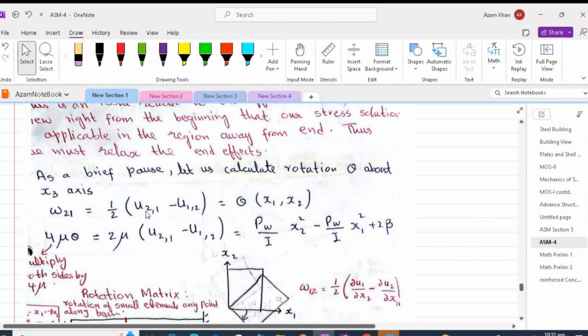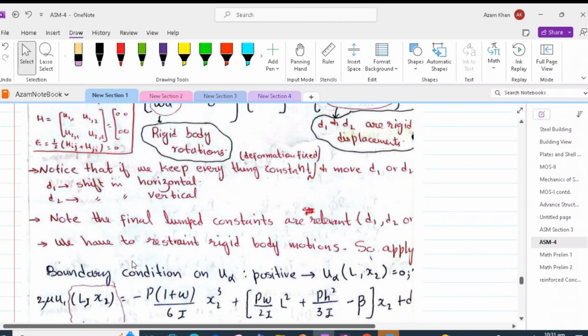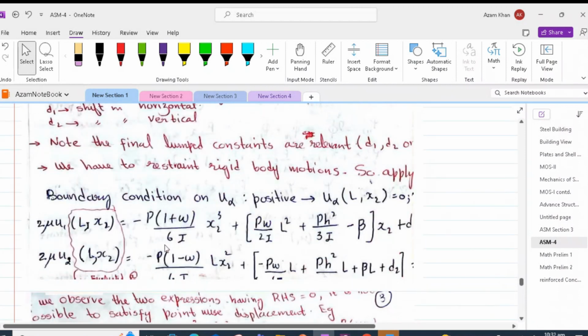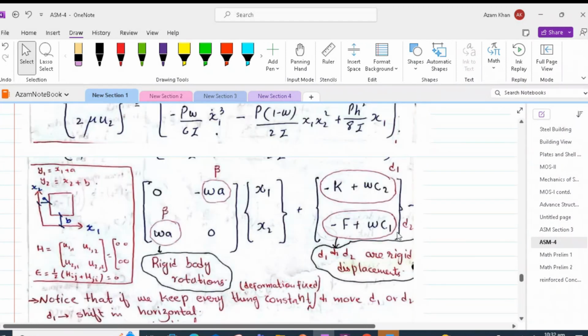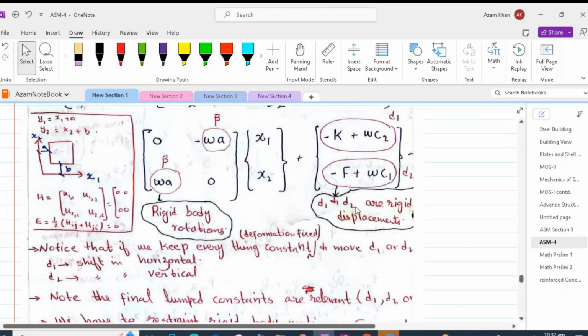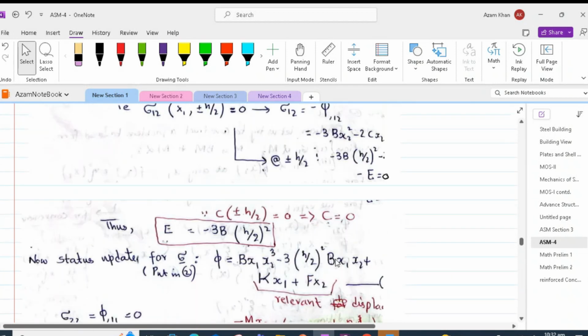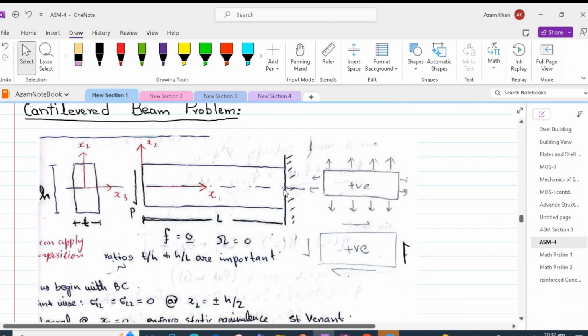So plugging the values of u2,1 and u1,2, we get 4 mu theta is equal to P w by I x2 squared minus P w by I x1 squared plus 2 beta. That gives us the third equation, and from these three equations we can get our beta, d1 and d2. Let us first check whether at x1 equal to L, we are getting beta, d1 and d2 equal to 0.